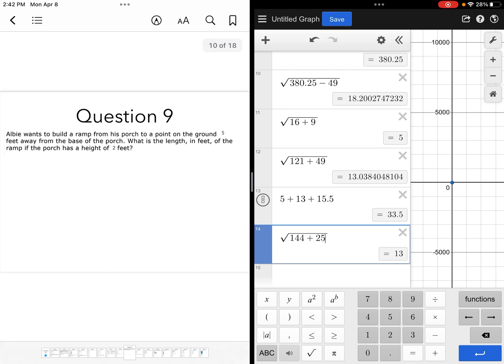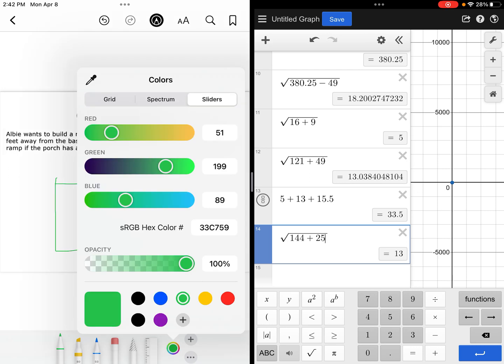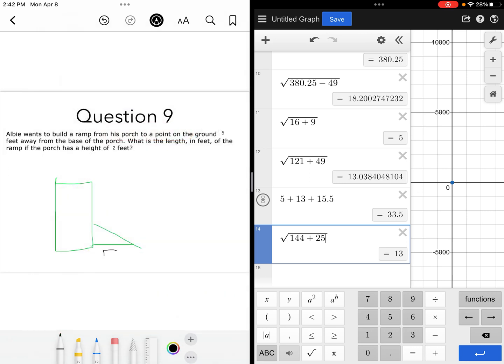Albie wants to build a ramp from his porch to a point on the ground. So we have a house, we have a ramp. So he wants to build a ramp from a point on his house to a point on the ground that's 5 feet away from the base of the porch. So 5 feet away from the base would be here.